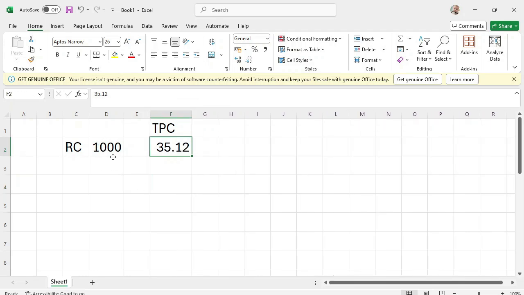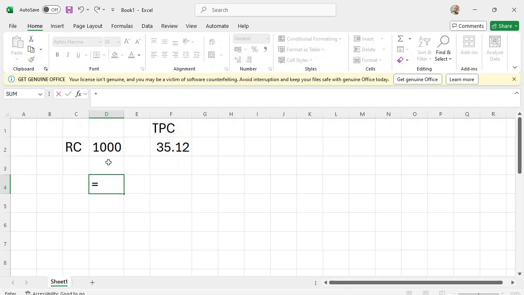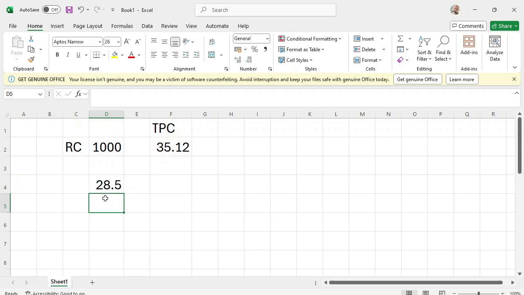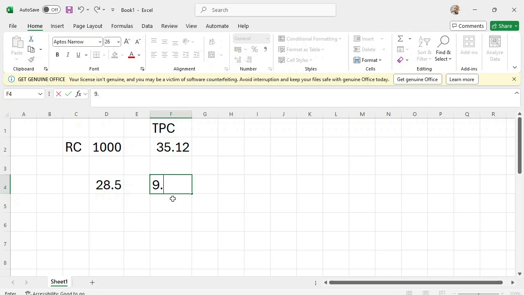So with this figure, you divide 1000 by your TPC. That will equal 1000 divided by your TPC, that will be 28 centimeters. Okay. Now what is your departure draft? It is 9.08.